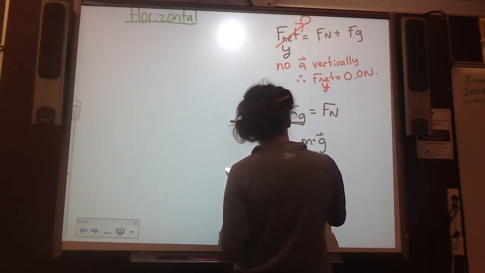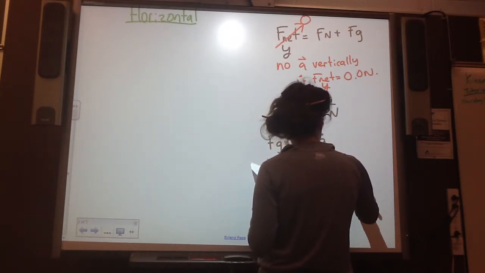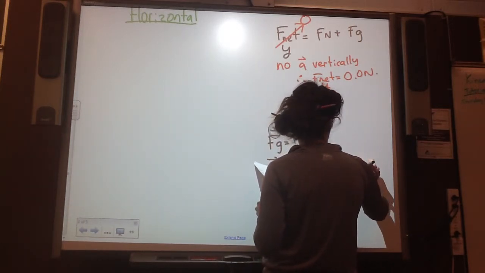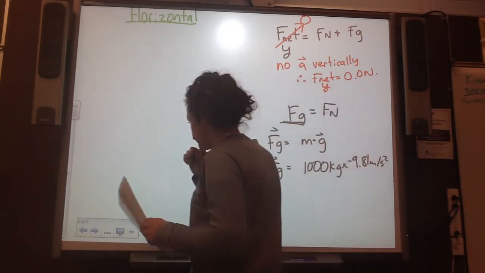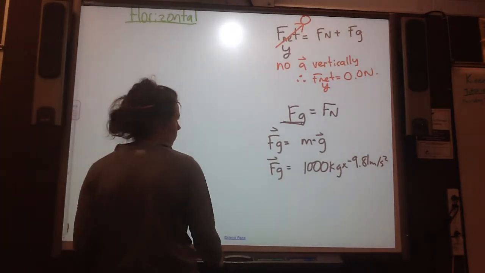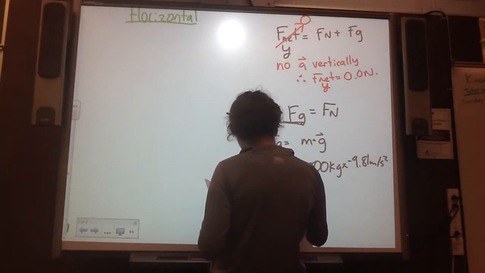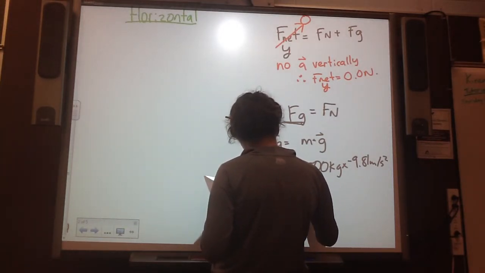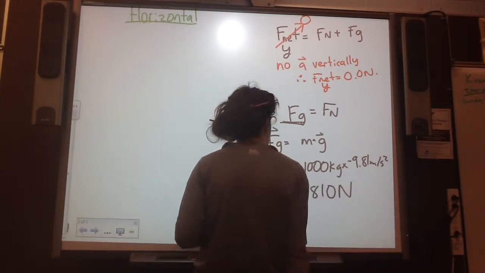So Fg is equal to 1,000 kilograms multiplied by negative 9.81 meters per second squared. So my Fg is going to equal 9,810 newtons.